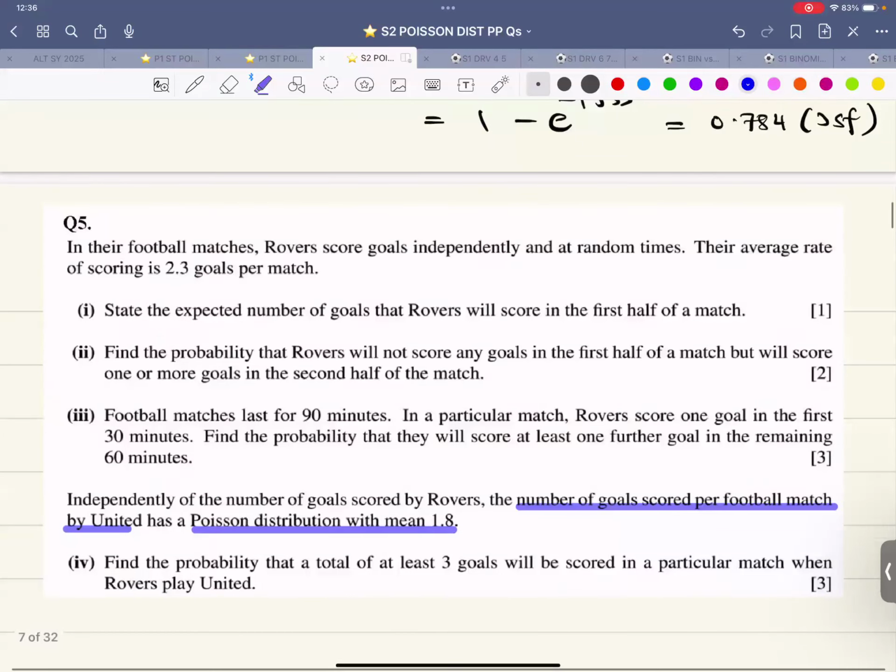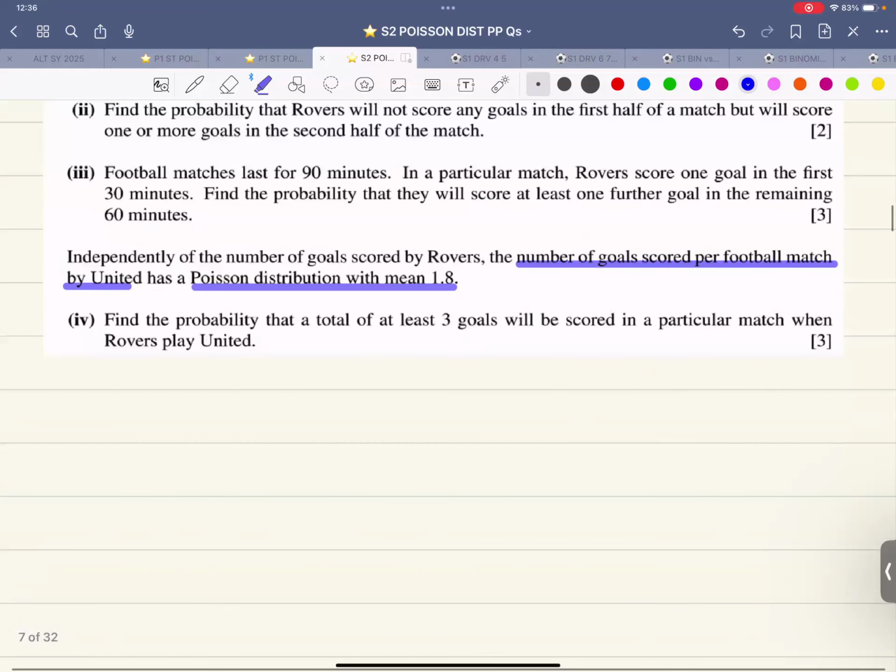So Rovers, that is 2.3 goals per match. And United, that is 1.8 goals per match. Now it's asking, find the probability a total, that's linear combination, of at least 3 goals will be scored in a particular match when Rovers play United.